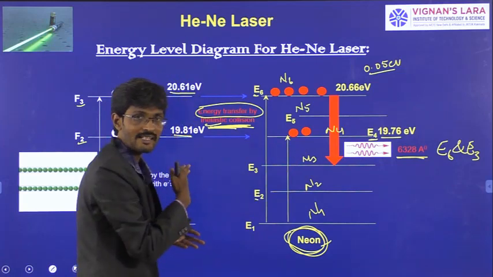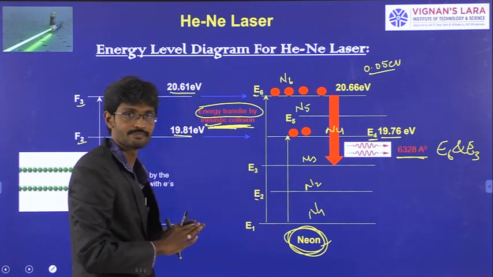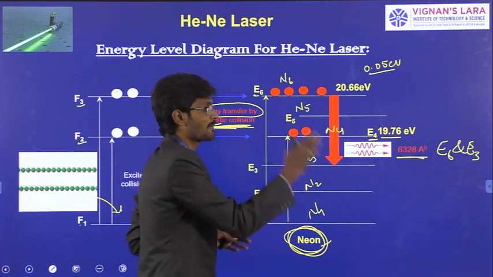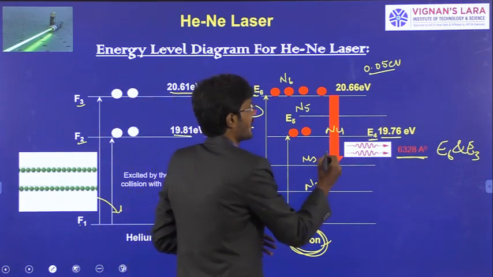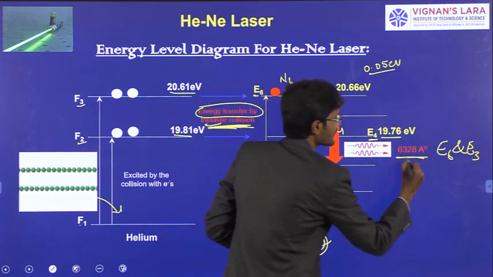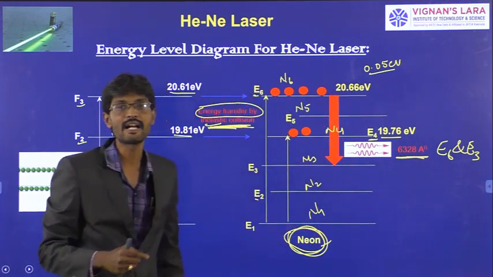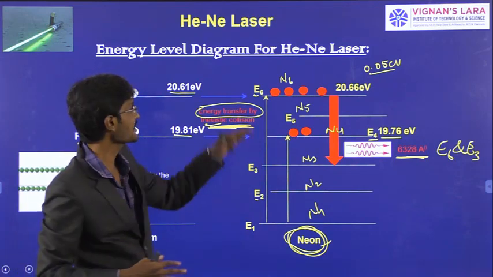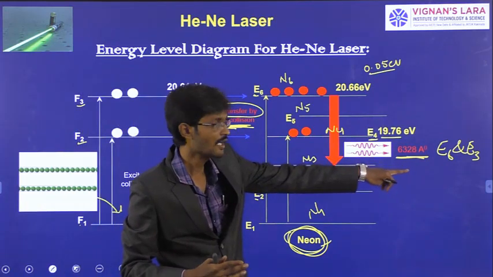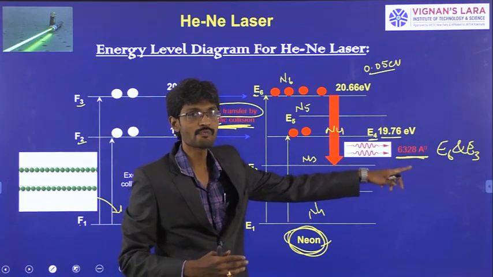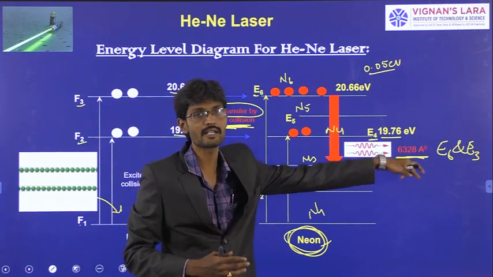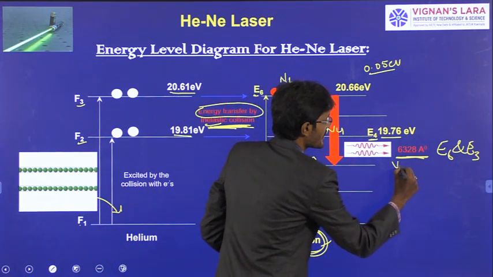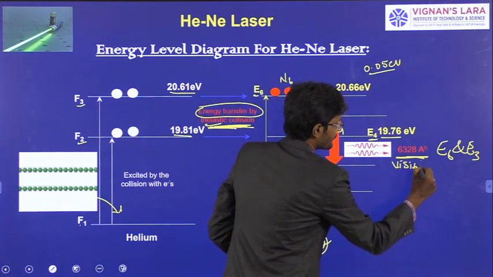When it reflects back, it acts as an incident photon and starts stimulated emission, which goes on continuously and produces a laser of wavelength 6328 angstroms. So in this helium neon laser, we get one laser whose wavelength is 6328 angstroms, and this laser falls in the region of the visible spectrum.